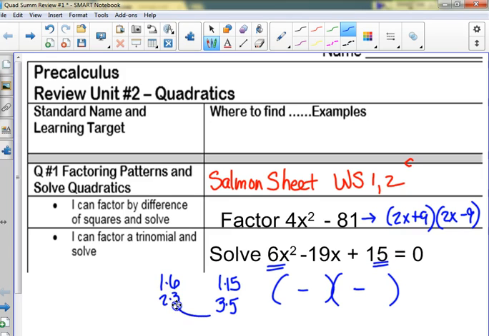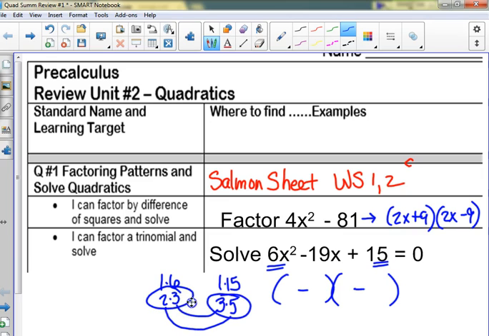I'm thinking maybe here that would be 9 and this would be 10. Would that make 19? Okay. So I'm just looking at how these factors could multiply and add together to make a 19. All right, so I know I need to use these and these.